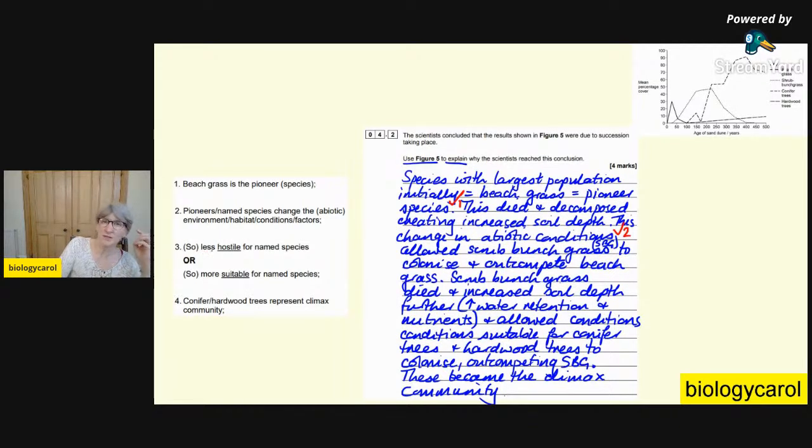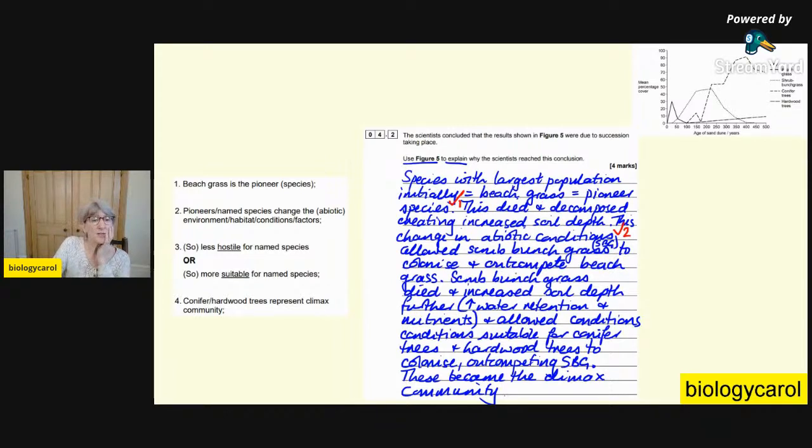When I saw this mark scheme, really often mark point 2 and mark point 3 are actually all one mark in a lot of mark schemes. They either like you to name an abiotic factor that has changed, or they will allow you to say, oh, conditions became less hostile. I thought I'd covered that with my mark point 2.